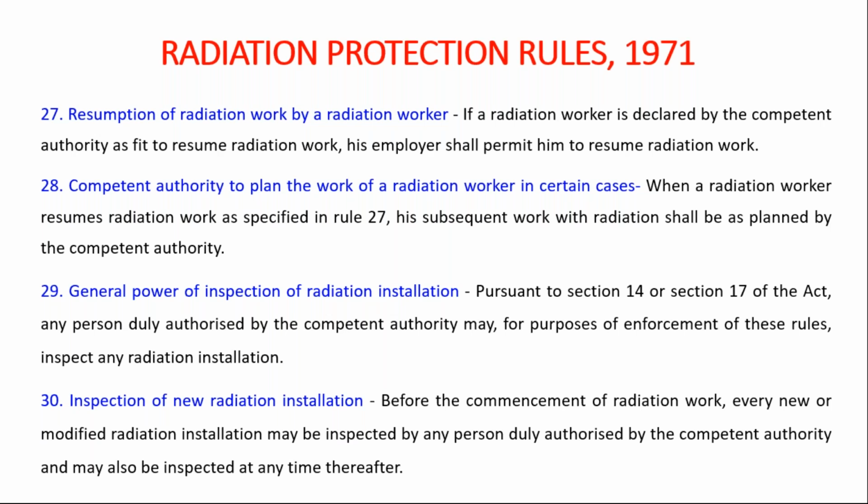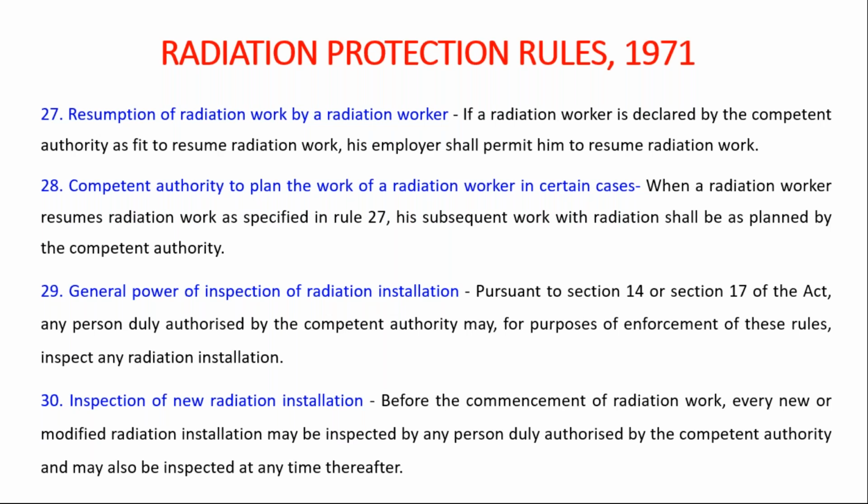Then rule number 30 is related to the inspection of new radiation installations. So if a new facility, new equipment, or a new location is going to be finalized, then for that new radiation installation, inspection should be done by the competent authority. Before starting that radiation work, every new or modified radiation installation may be inspected by any person duly authorized by the competent authority, and may also be inspected at any time thereafter.